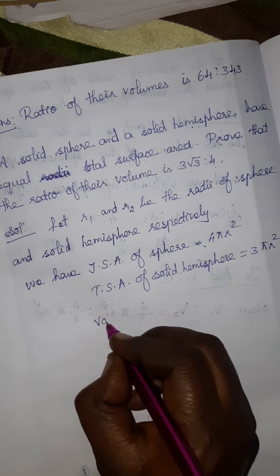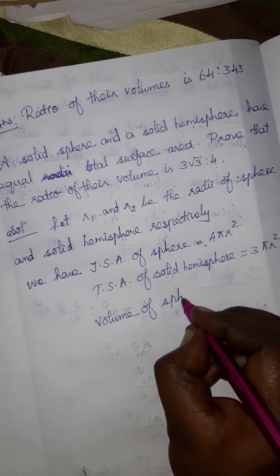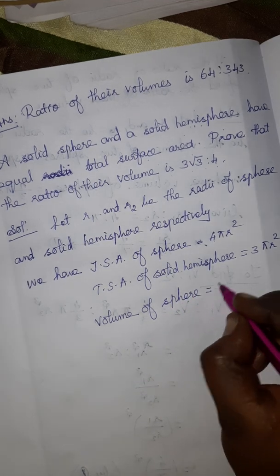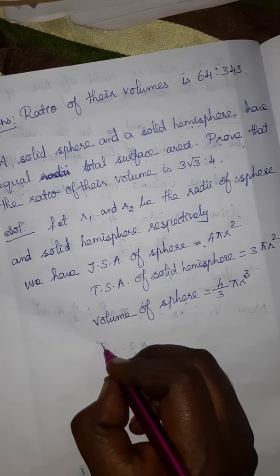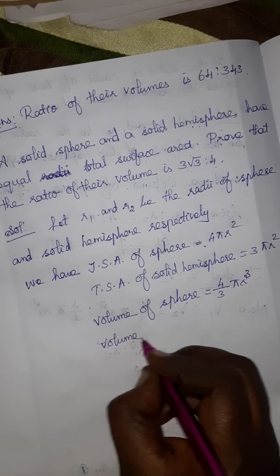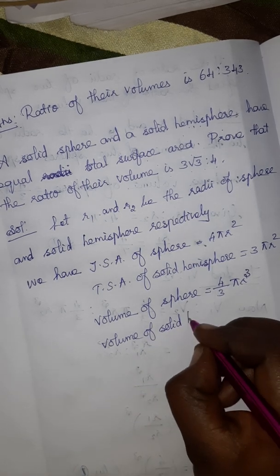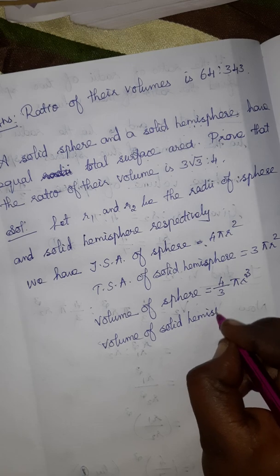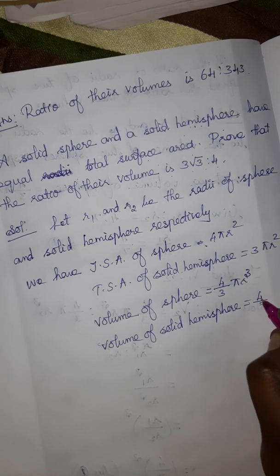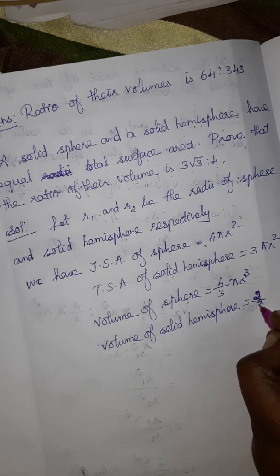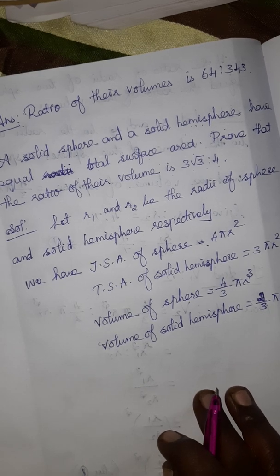Then volume of sphere is equal to 4 by 3 pi r cube, and volume of solid hemisphere is equal to, sorry, not 4 by 3, for hemisphere it is 2 by 3 pi r cube. So these four formulas you need to know.